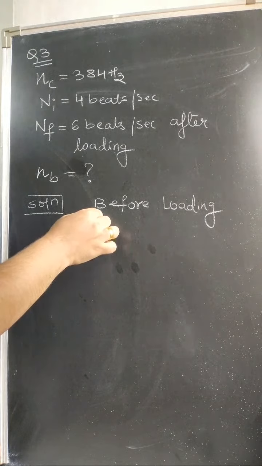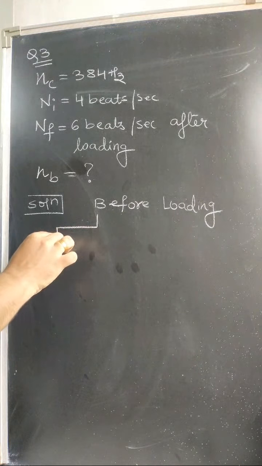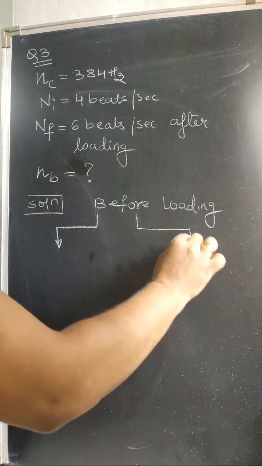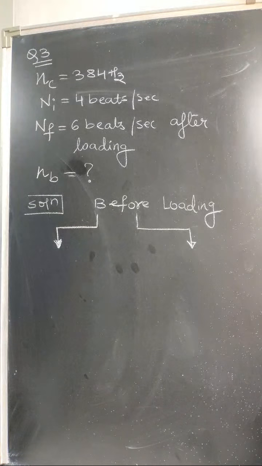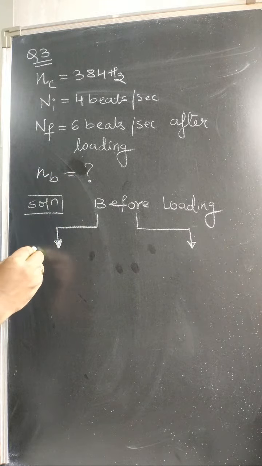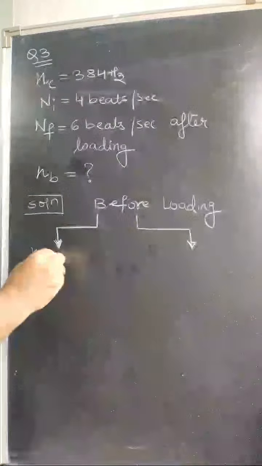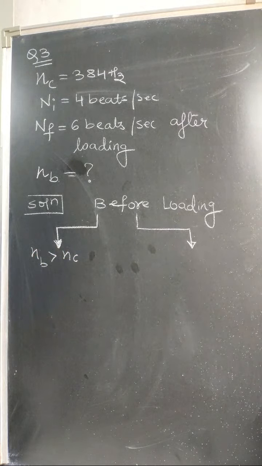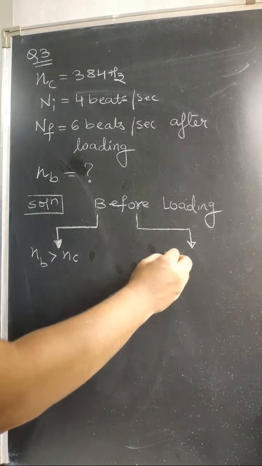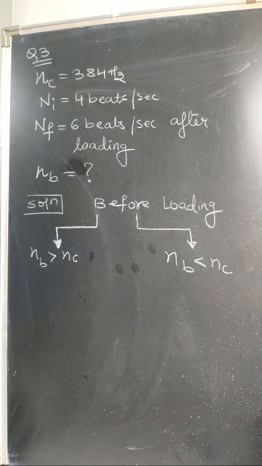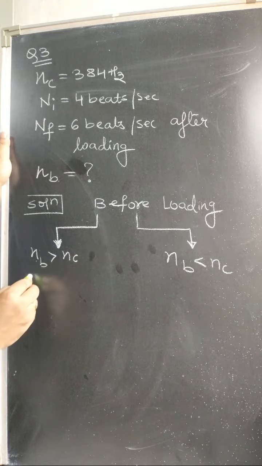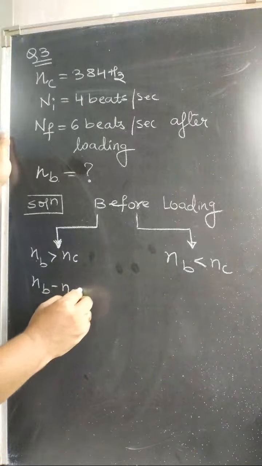Now once again, students, two situations might take place. First situation, frequency of B is greater than frequency of C. Second situation, frequency of B is less than frequency of C. So this will be written as NB minus NC.